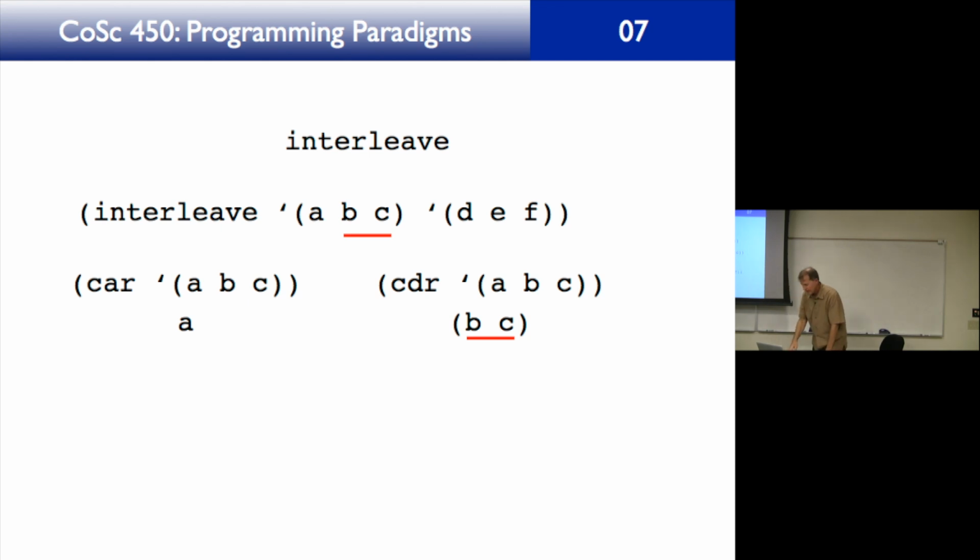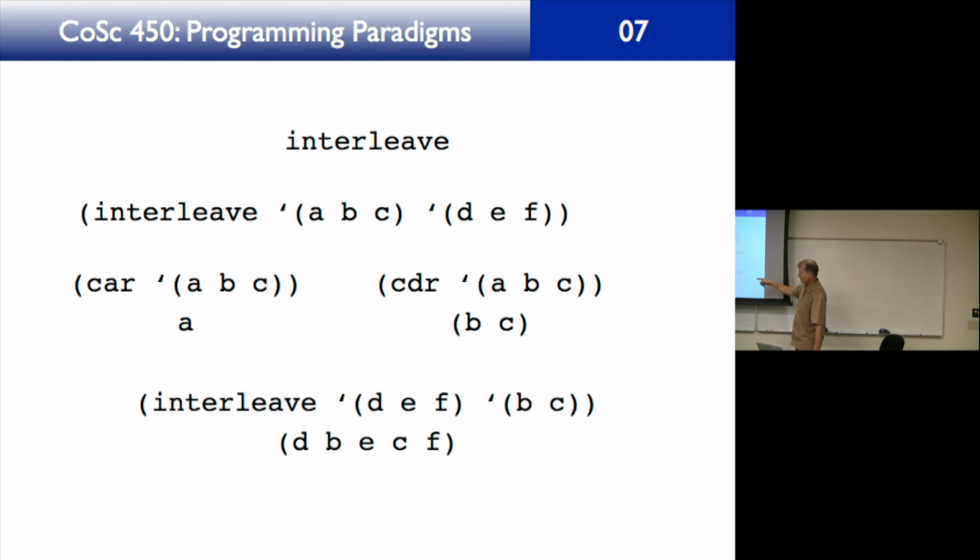So look, if we interleave DEF with the cooter of the first one, what do we get? D, B, E, C, F, right? Are you with me? Is everybody clear on this?